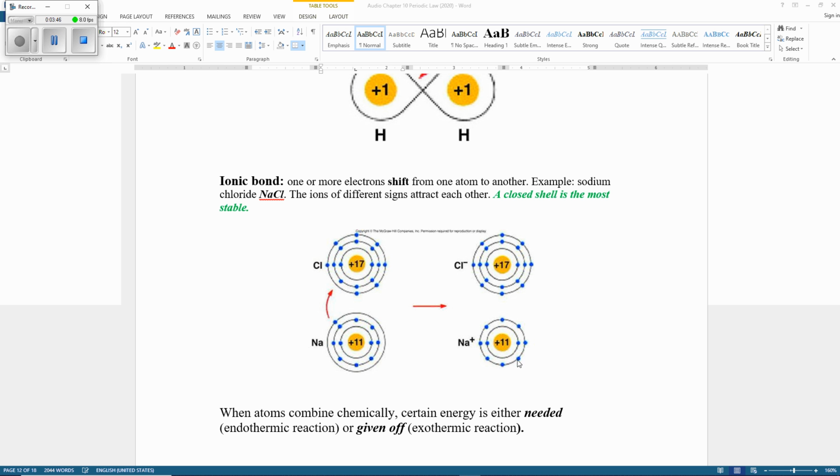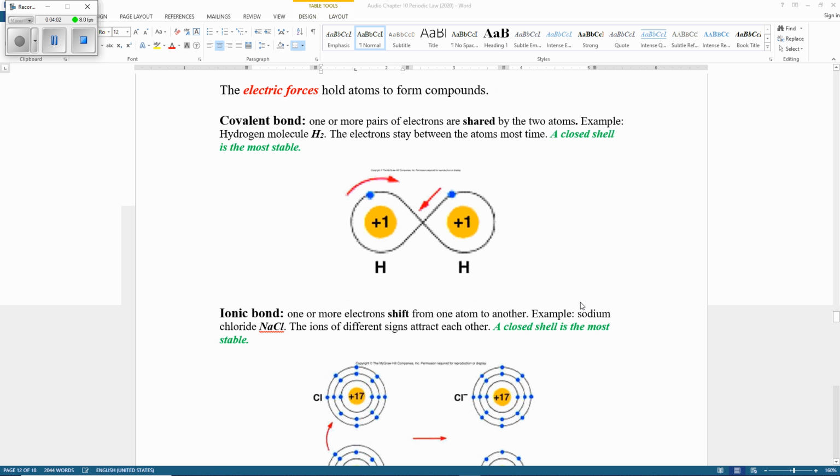At the same time, sodium becomes positive because it has 11 positive charges and only 10 negative. So one positive ion, one negative ion. They attract each other and stick together. Remember the two words: sharing electron pairs, that's covalent bond. And shifting electrons, electrons going from one to another, we call ionic bond.